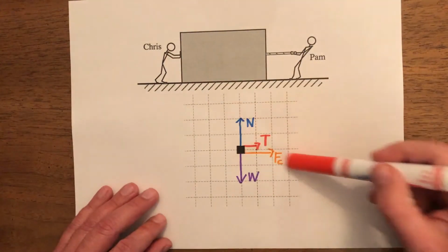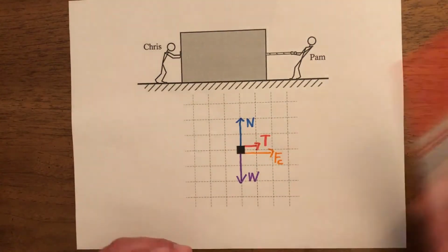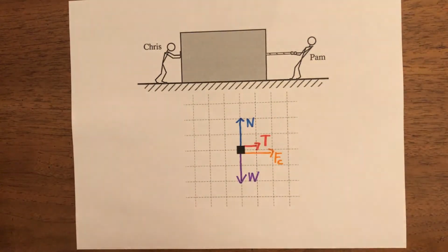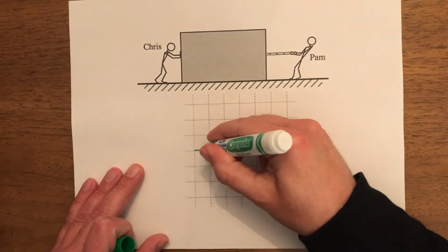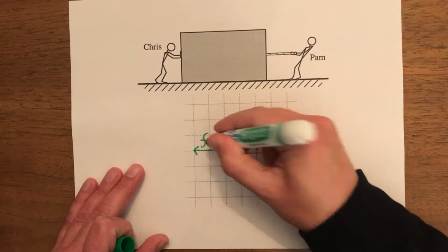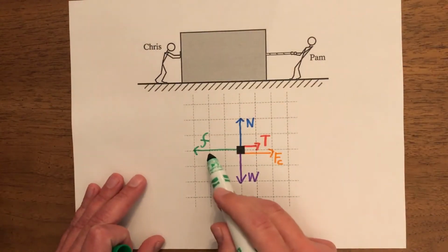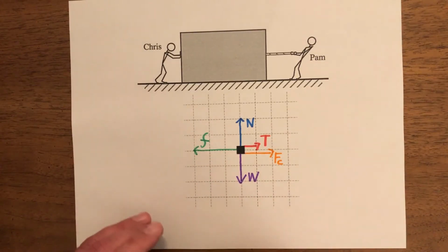So Chris is pushing to the right and Pam is causing a tension to the right, and yet it does not move. So once again, there's this tug of war here and nobody's winning. So there must be a force back the other way, canceling them out. What could that force be? So that force is friction. And lots of times friction is symbolized with a little sort of italicized lowercase f.